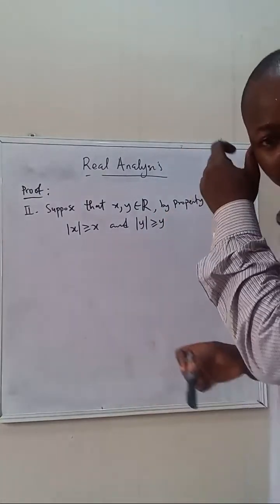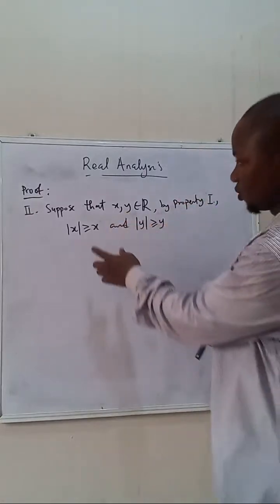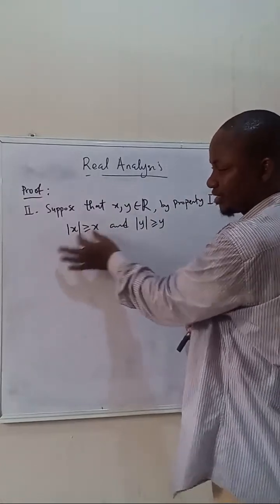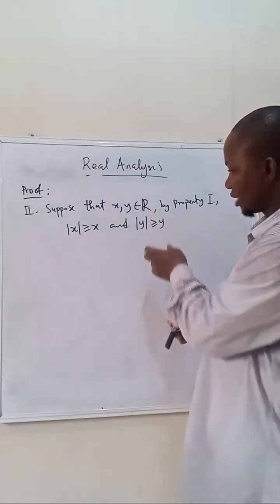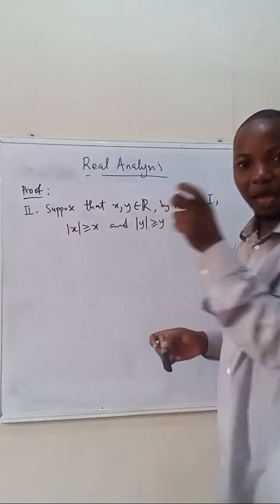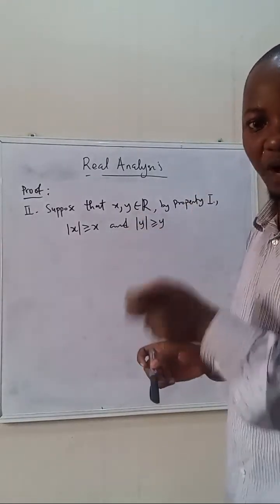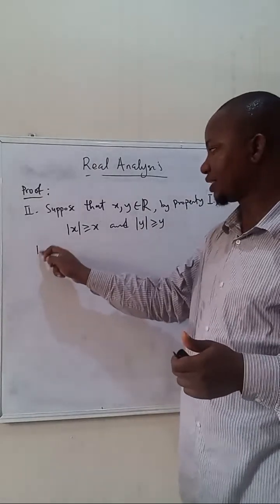So from property I, if you have them in your notes or something, property I says absolute of x is greater than or equal to x. Then I'm picking the variable y now. Like if we also have the absolute value of y, that will be greater than or equal to y too. Okay? So now I'm adding these two terms together.